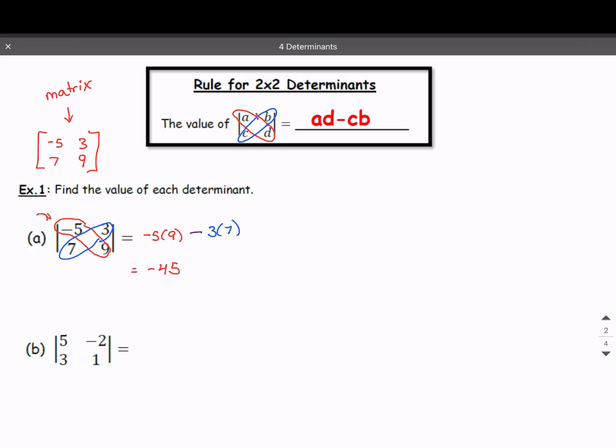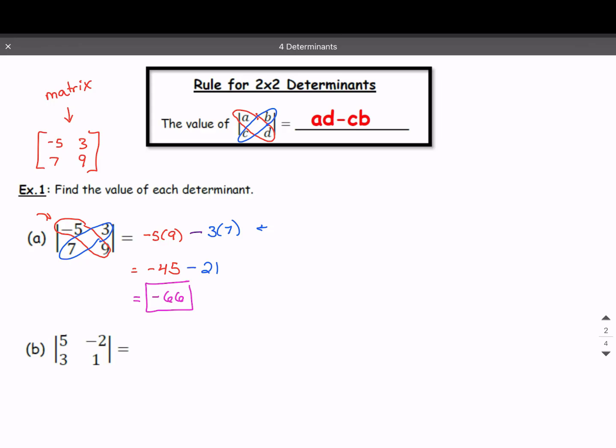Now I'm writing out this step here so you can see what I'm doing. Do you have to write that out? No, not really, okay? So it's minus 3 times 7 is 21, and if we do that arithmetic, we are going to come up with -66, and that's the value of the determinant.